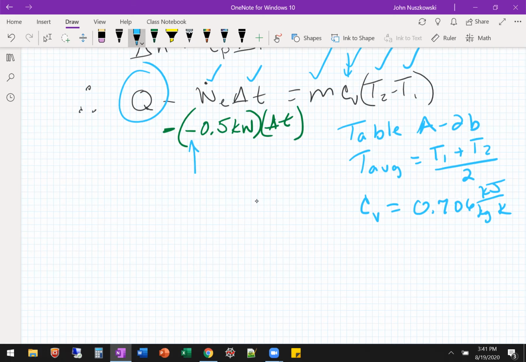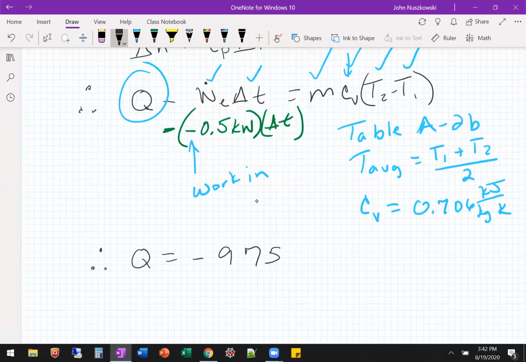That negative right there is because it's work in; we're putting in this electric work. So if we solve, we get a Q of negative 975.8 kilojoules, and that negative tells us heat out.